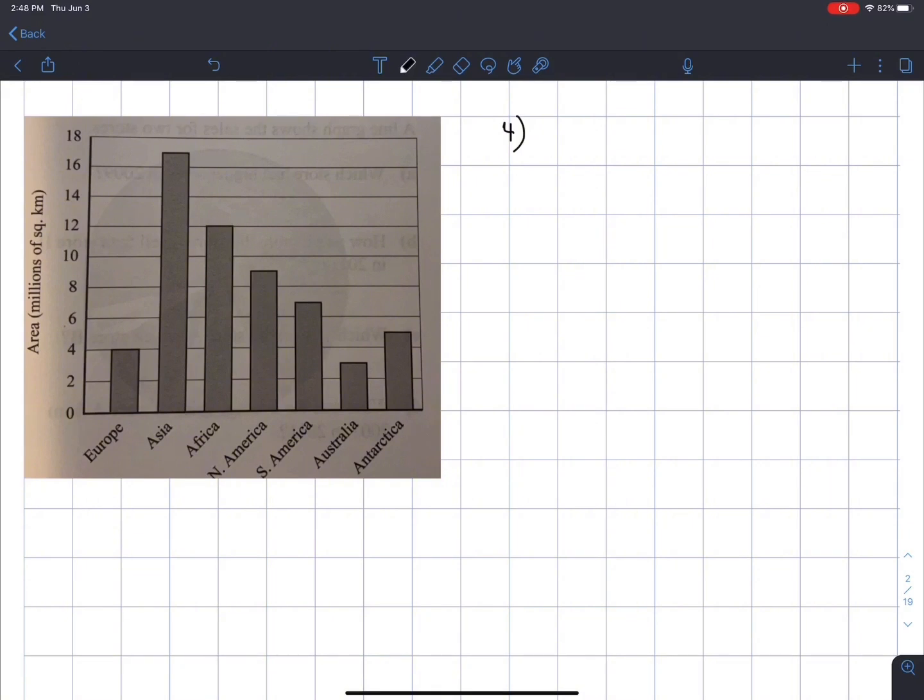What region of the world has the greatest land mass? So that will be Asia. For A, you can see Asia has 17 million square kilometers of land.